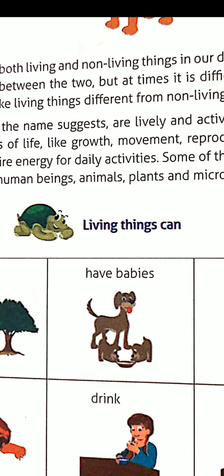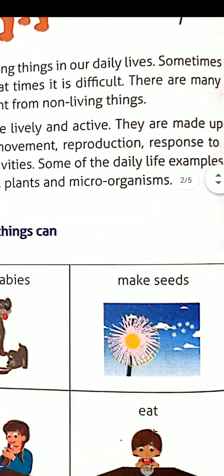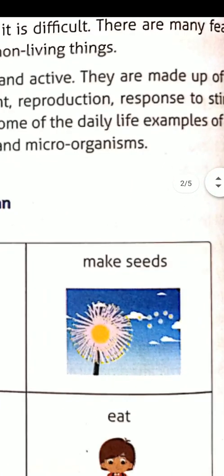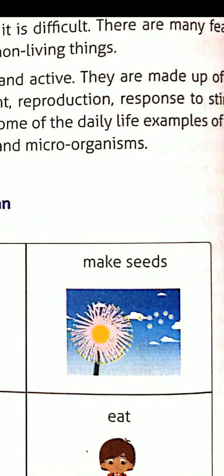So this picture indicates that living things reproduce. This is the picture of a plant producing seeds. These seeds will fall on the land, germinate and become a new tree.